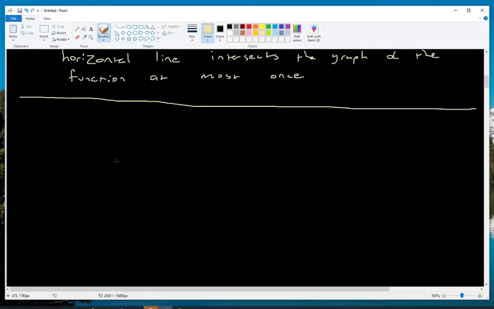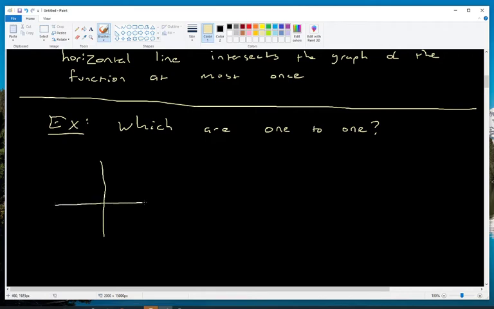So real quick example, we'll say which are one-to-one. So we have a diagonal line, we have a parabola, and we have a cubic.